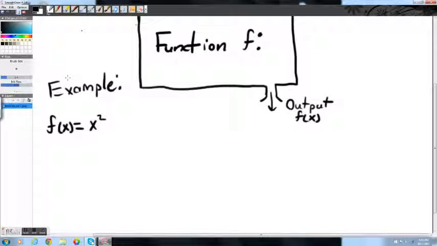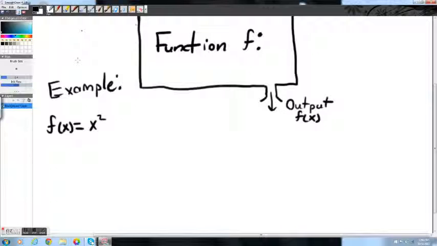This function in particular relates every real number x to its square, x squared. It takes an input x and produces the corresponding output f of x, and that output is equal to the square of the input.